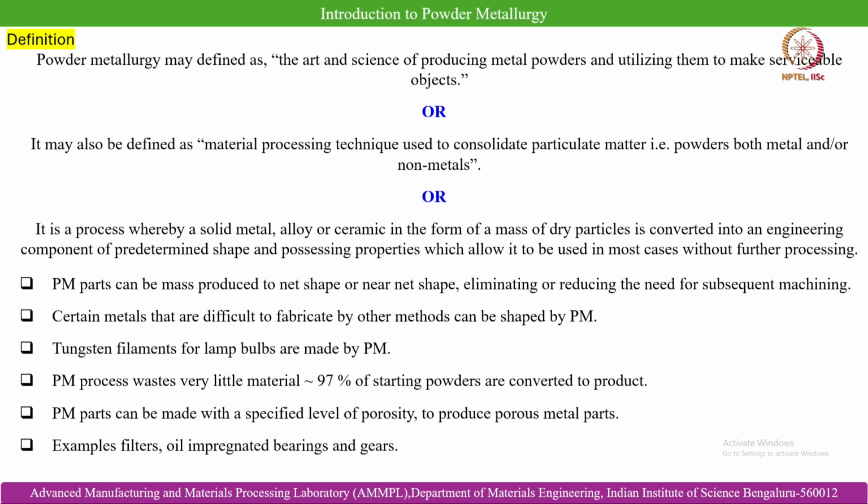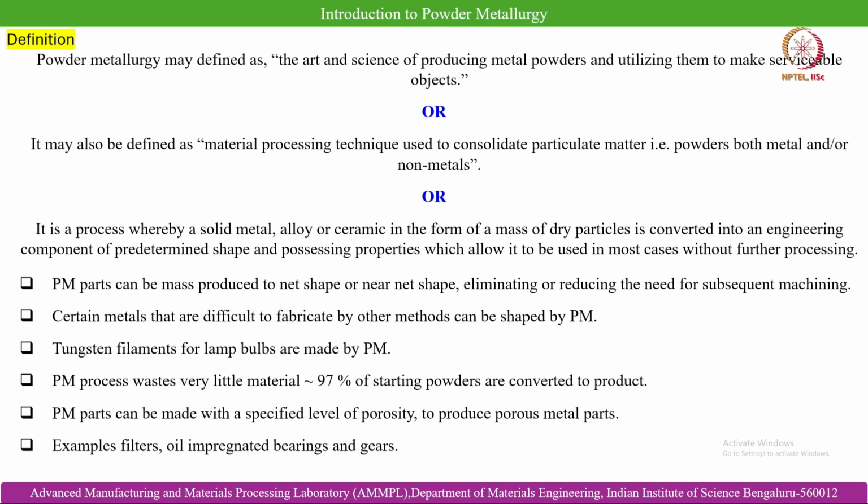There can be several ways to define powder metallurgy, but the beauty of these processes is that materials which are otherwise difficult to process using casting or metal forging routes can be quite easily and effectively produced as net shape parts by powder metallurgical routes.